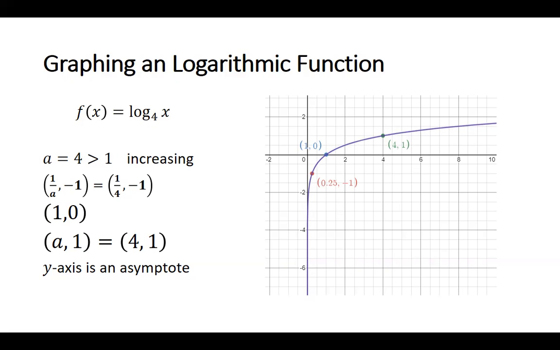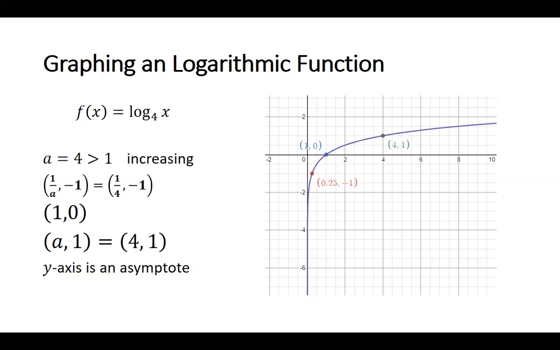And as I said with exponential functions, if you have a logarithmic function, the same transforms happen. If I were to put a 3 in front of this, 3 times log base 4 of x, then that would multiply all of the y values by 3. So instead of having 1/4, negative 1, we'd have 1/4, negative 3. We'd still have 1, 0.